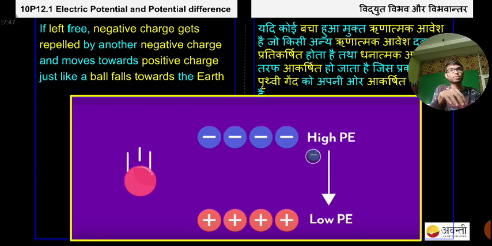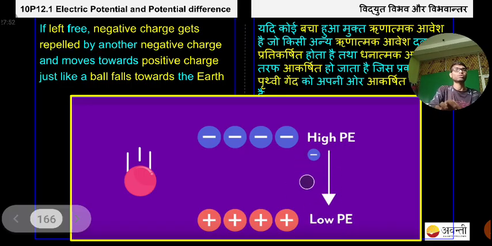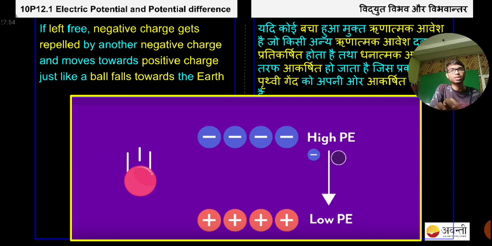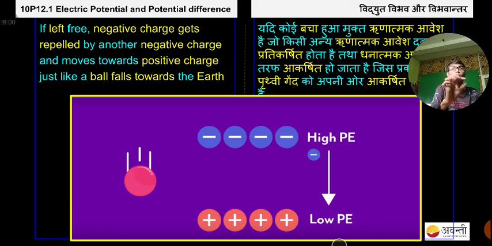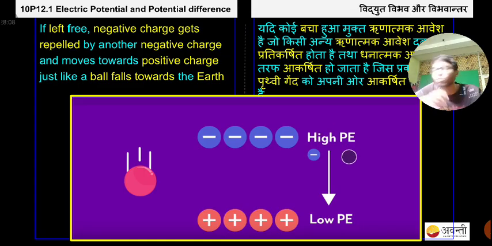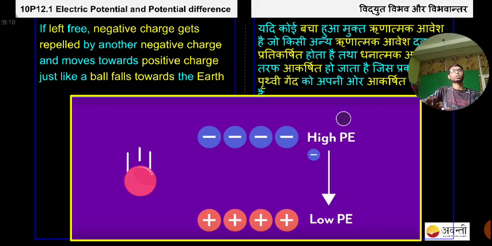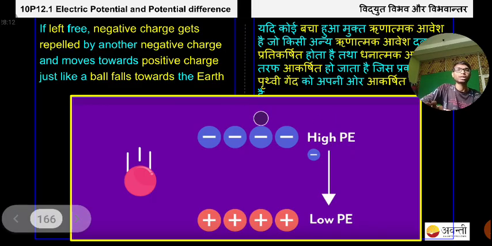When it comes into motion, this process is kinetic energy, and at the end it will have low potential energy. So this process is kinetic energy and here it is high potential energy. It just converts, low into high, high into low.